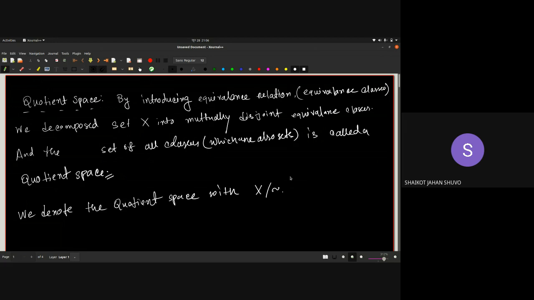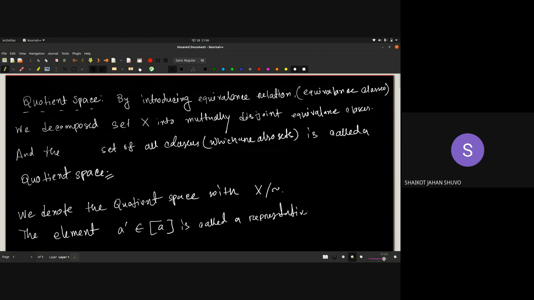Okay, and the element, let's call that element A prime, that belongs to some equivalence class A, is called a representative of the class.